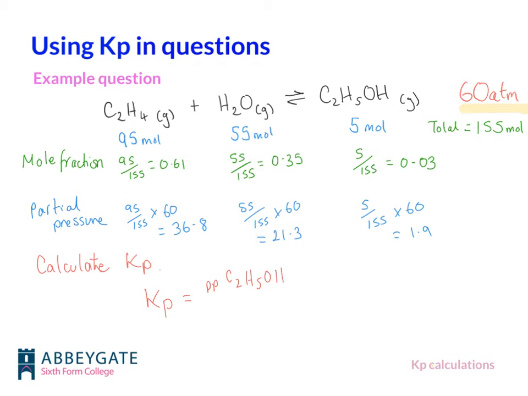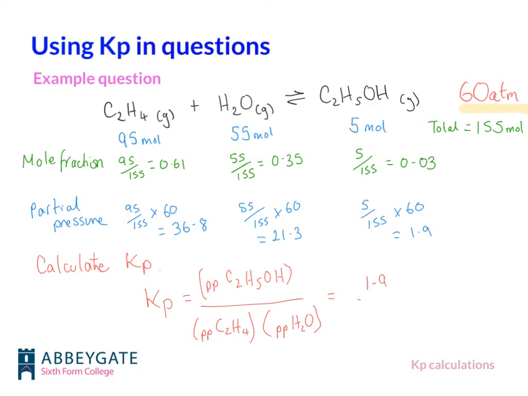So now to calculate Kp, this is quite straightforward. I'm just going to write my expression first. So Kp is equal to the partial pressure of the ethanol divided by the partial pressure of the ethene times the partial pressure of the water. As I said, really straightforward example. There's no molar values to raise anything to the power of, so nice and straightforward.